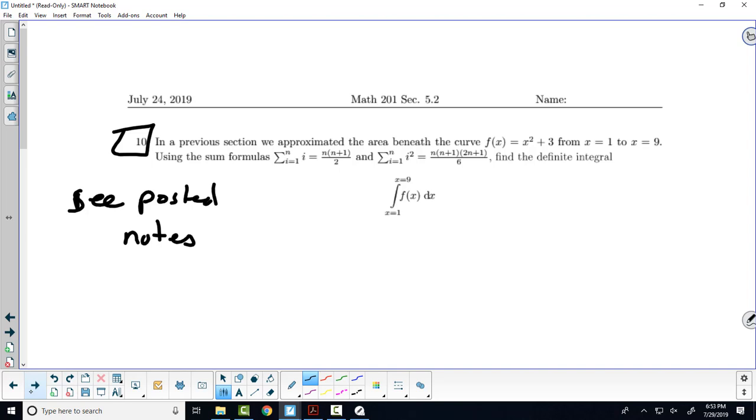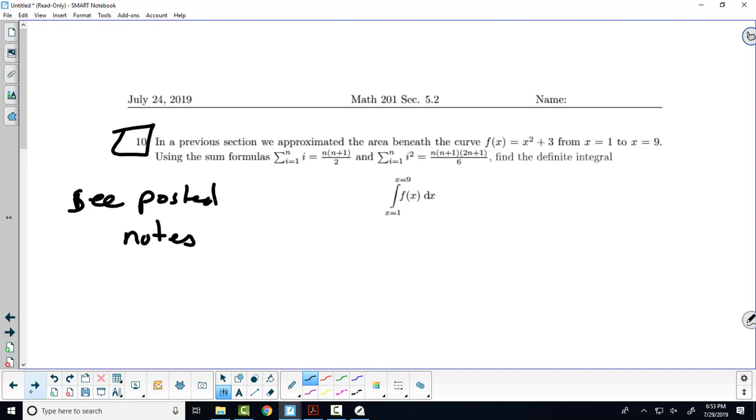Then I pick the right endpoint method probably to do this, and I evaluate this with the right endpoint method, evaluating not just the first 40 rectangles or the first 100 rectangles. I take the limit as n goes to infinity, and we actually get this value.